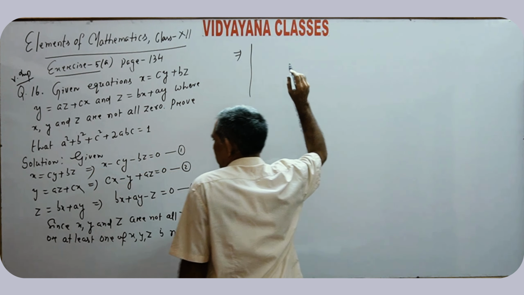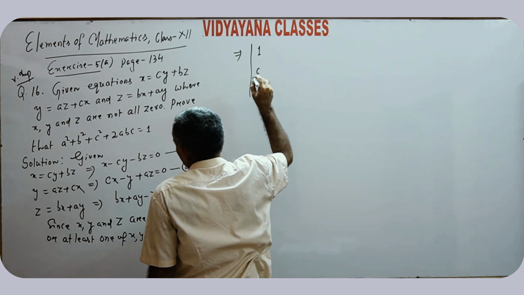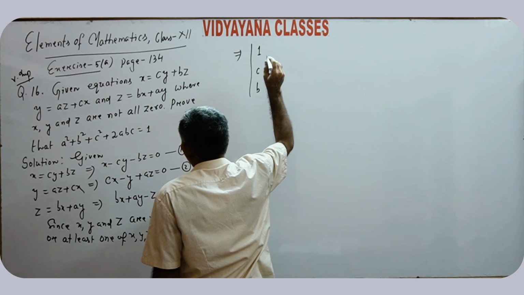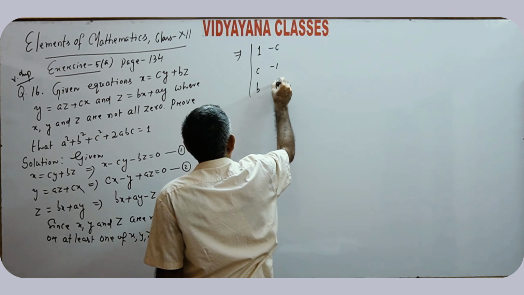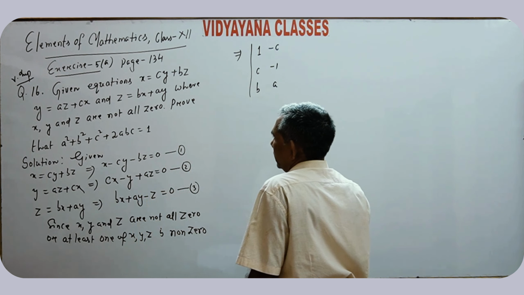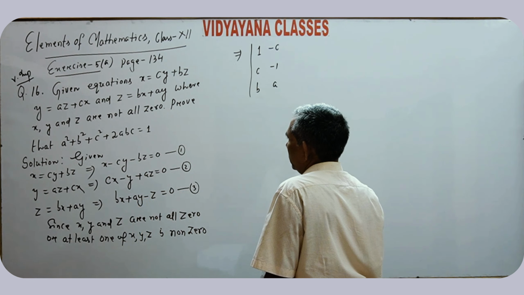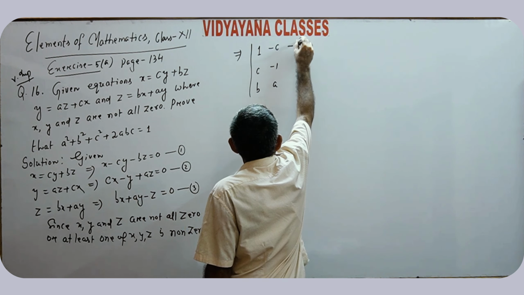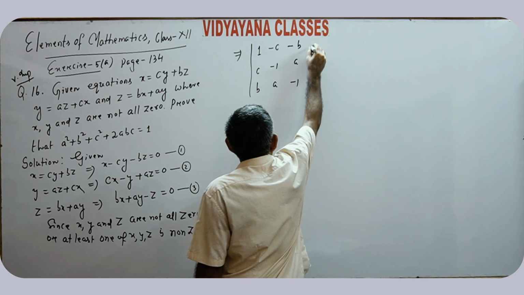Coefficient of x 1 c b, coefficient of y minus c minus 1 a, coefficient of z minus b a minus 1 is equal to 0.